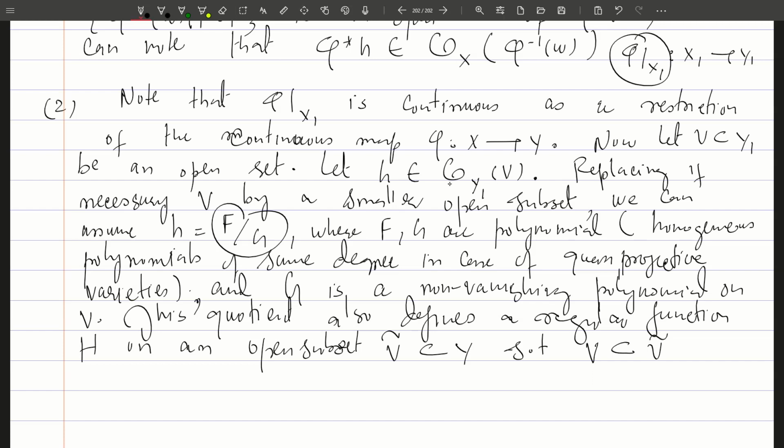So in some sense, we are extending this notion of regularity.